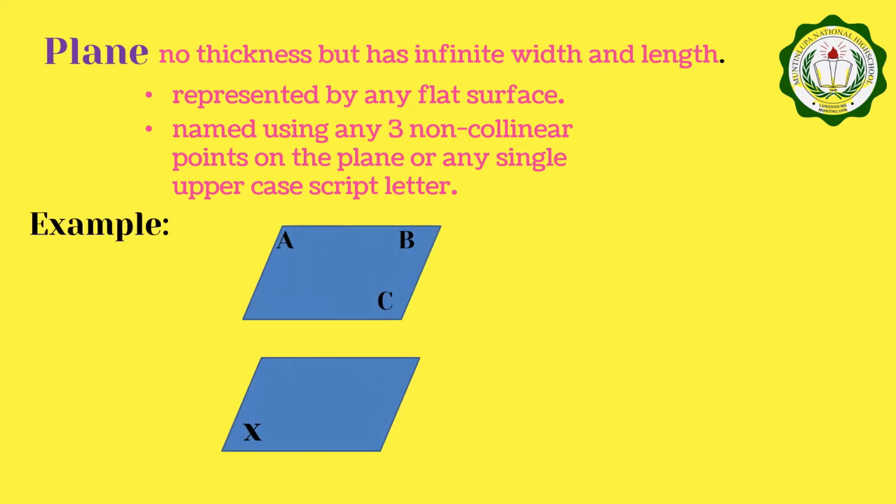The first example is named as plane ABC. This is by using the 3 non-collinear points. While the second example is named as plane X. This is by using a single uppercase script letter.